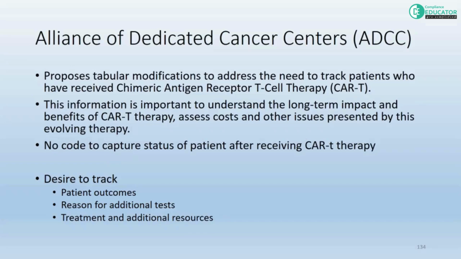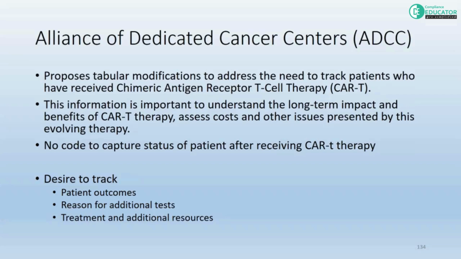And then it looks like we're coming up on the end. We have the Alliance of Dedicated Cancer Centers. Let's back up a little bit. In 2017, the FDA approved the first CAR-T products for use in the treatment of certain blood cancers. There were patients that were seeking clinicians to assess their status after therapy, including treatment response, and to address late onset complications.